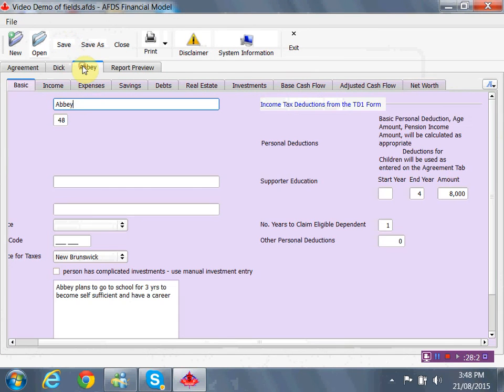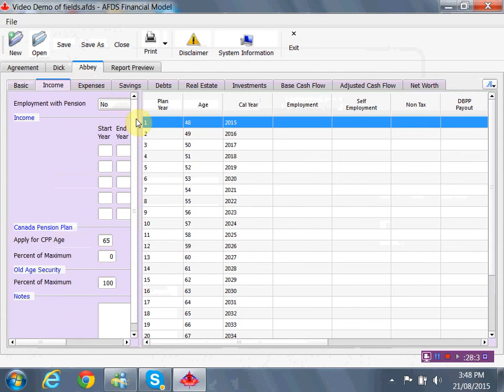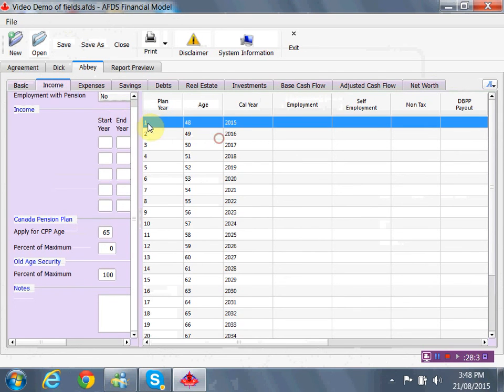So then if we go and we'll fill in some stuff for Abby, and then you can see what that does for her. So in her case, let's just move this over.